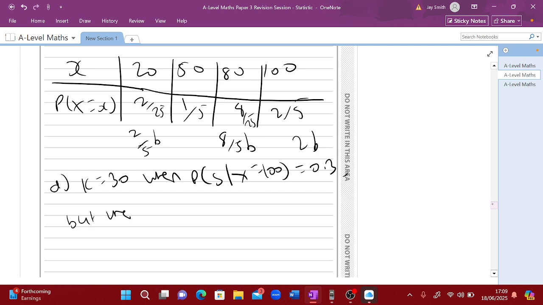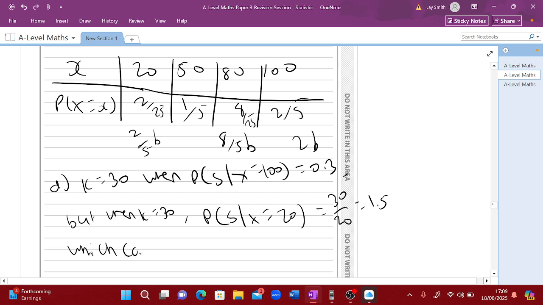But when K is 30, probability of S given X is 20, which is A. That's going to be 30 over 20 equals 1.5, which cannot happen, as a probability must be at most 1, right?